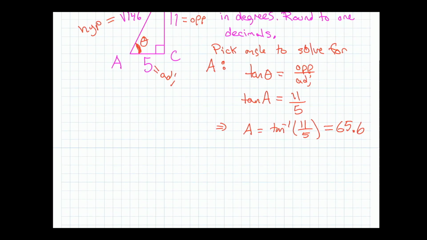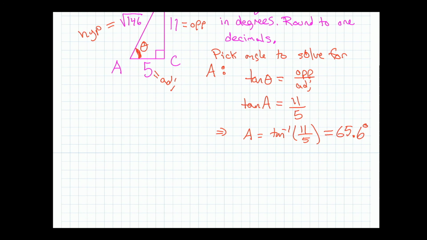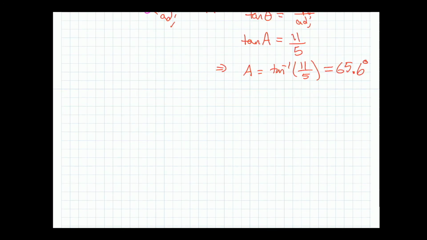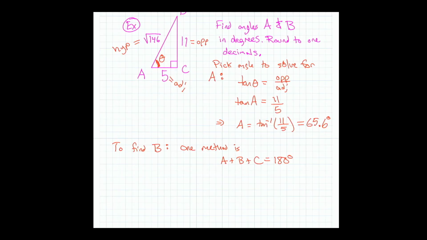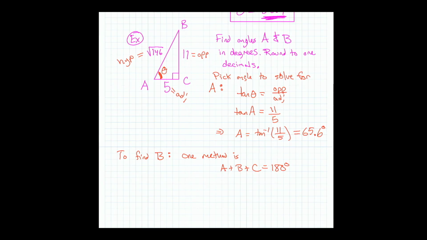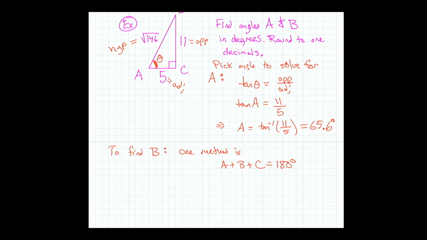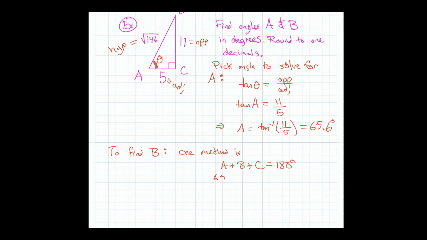All right. So we have this in degrees. Now, you have 2 choices to find b. So to find b, one method is, a plus b plus c has to be 180, right? Because you can just plug in the numbers now that you know. So a was 65.6.